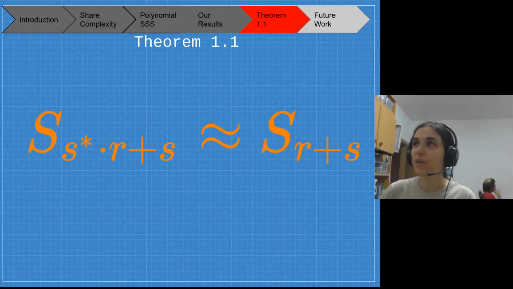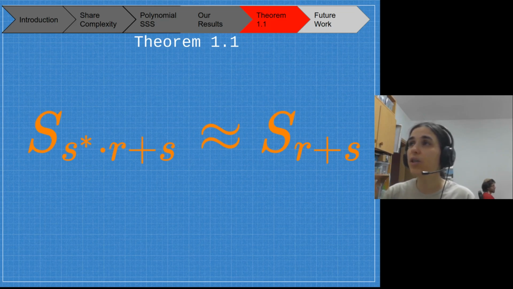Okay, so welcome to the deep dive part of this presentation. And I'll show you two proofs. One of Theorem 1.1, as a part of the result showing that degree 1 in R is not very powerful. It's basically as powerful as multilinear in terms of share complexity. And next I'll give you some idea of the proof techniques for the upper bound on the randomness of general polynomial secret sharing schemes.